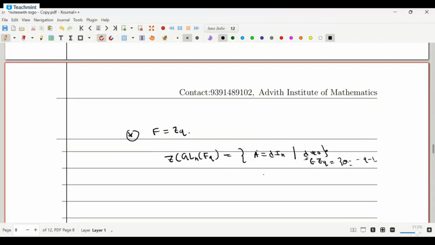Q minus 1 choices are there. So therefore the cardinality of Z of GL_n(F_Q) is equal to Q minus 1.